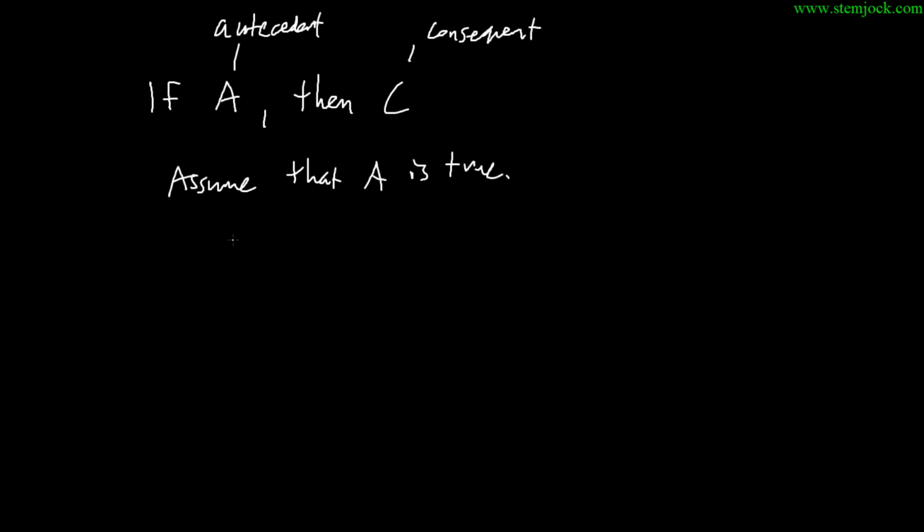Once you can show that C is true, then you can conclude if A, then C. The reason I'm telling you this is because we're going to be using this as a general procedure in solving these problems.